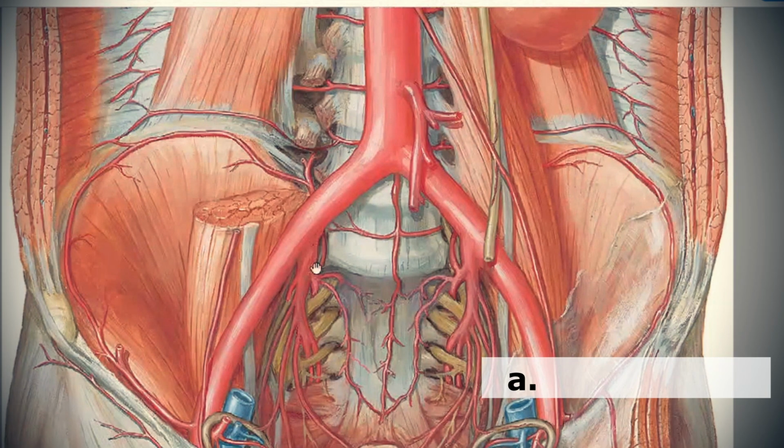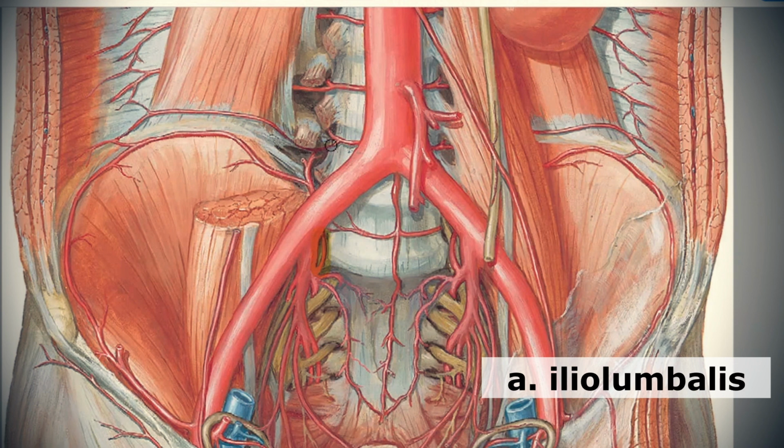First one is arteria iliolumbalis, and it goes up and divides here on this level on two branches, on ramus iliacus and ramus lumbalis. So here is ramus iliacus here. It goes to iliac bone, and the ramus lumbalis goes up and makes anastomosis with lumbar arteries of aorta.